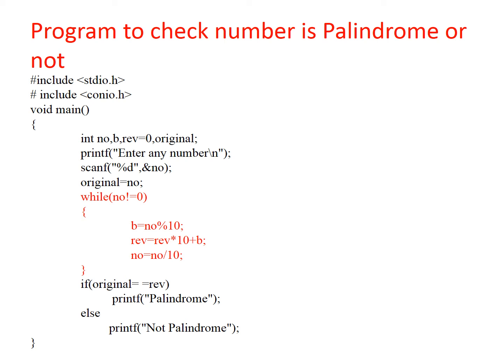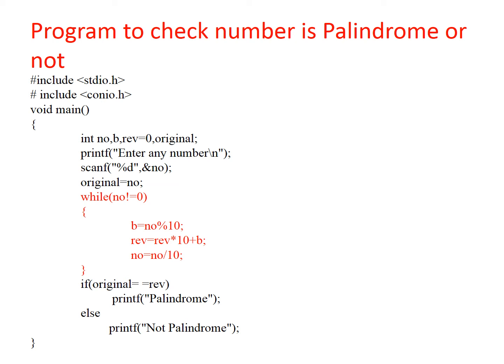Once the last digit is separated, again we have to form one new number which is stored into the same variable name by dividing it. So it will lessen the total length of the number, and this condition is going to be carried out till the number is not equal to 0.